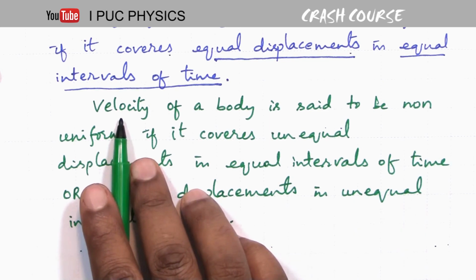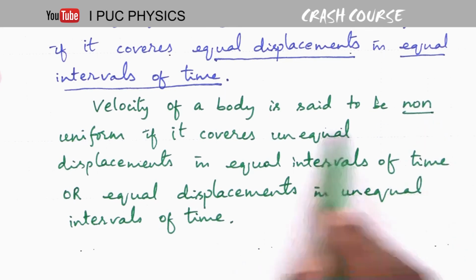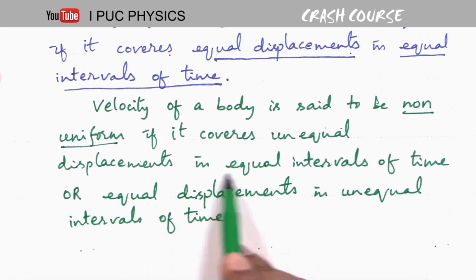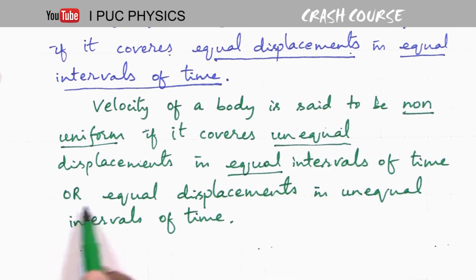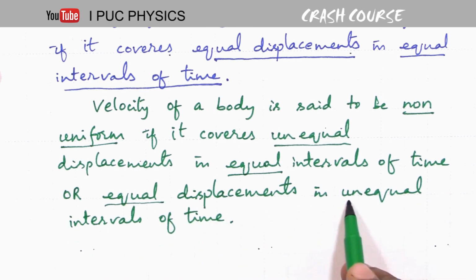Let us repeat. Velocity of a body is said to be non-uniform if it covers unequal displacements in equal intervals of time, or equal displacements in unequal intervals of time.